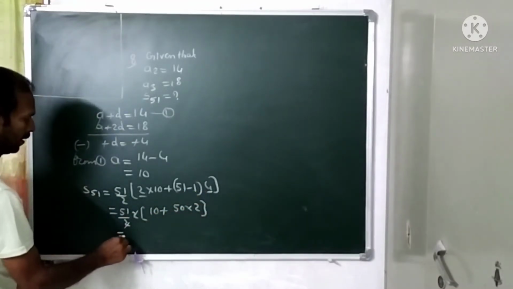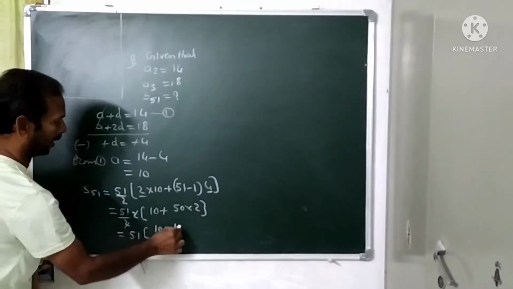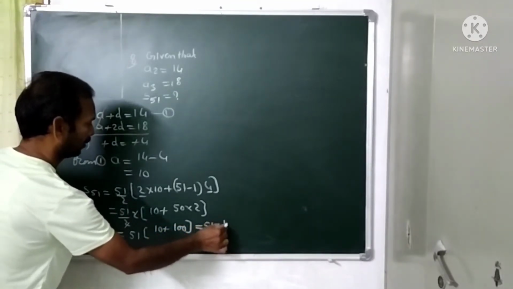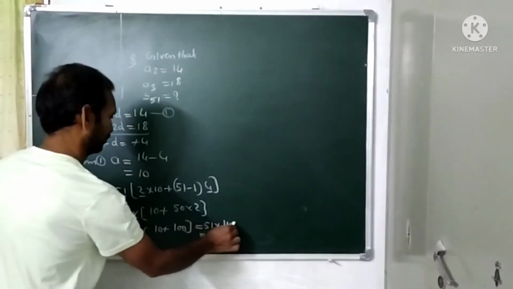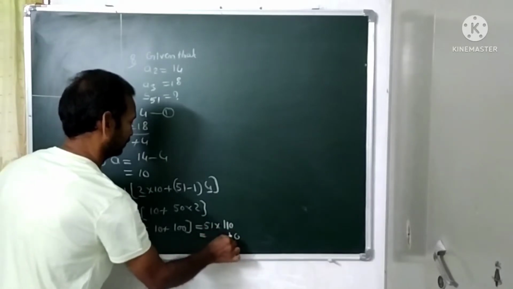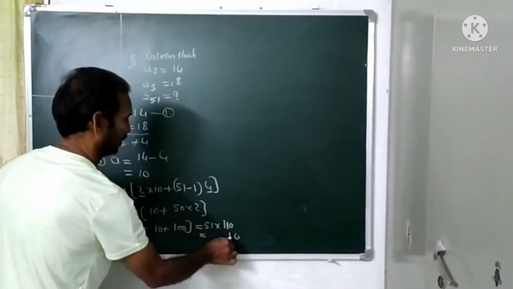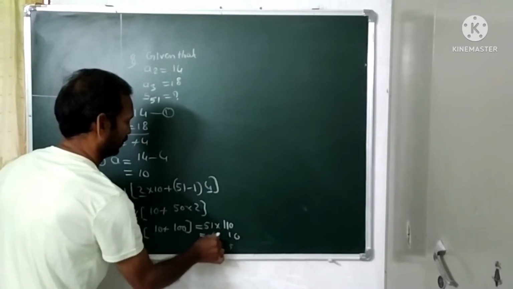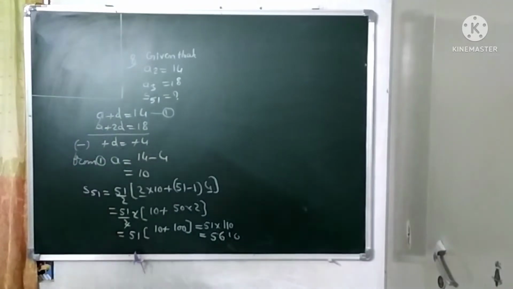These 2 cancel. 51 times 10 plus 100, that equals 51 into 110. That is 5610. So the calculation is just the multiplication part only. See once.